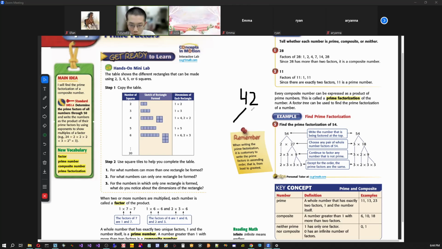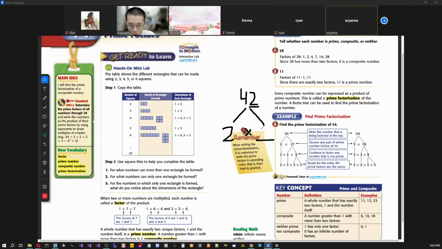So 42. Can you tell me what number divides 42, Ariana? Just by looking at this number over here? 2. Exactly. So we can throw in a 2 over here. And what number would go down here? So notice these two numbers, they multiply to give 42. So a number 21.